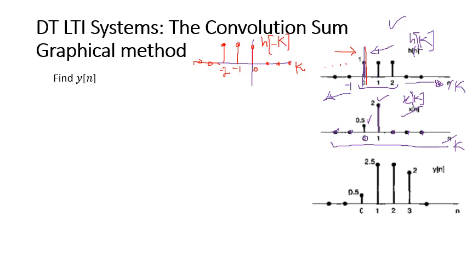The next step was to add a large negative value n, so that this signal which is at 0 is shifted to the leftmost. So let's do it.